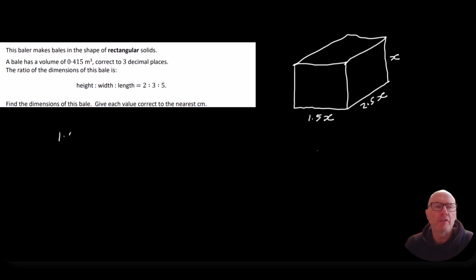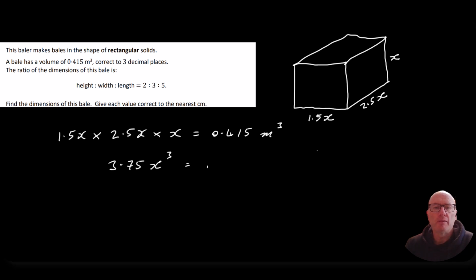We've got 1.5x multiplied by 2.5x multiplied by x, and that should give us 0.415 meters cubed. Now when you multiply 1.5 by 2.5 by 1, you get 3.75, and then x times x times x is x cubed, which is equal to 0.415. Divide both sides by 3.75, that'll give us x cubed is equal to 83 over 750.